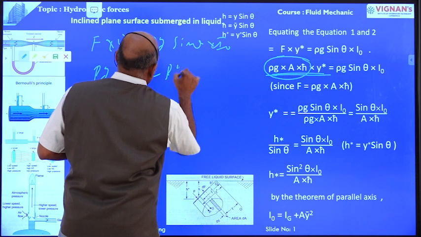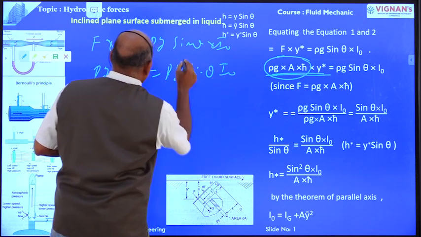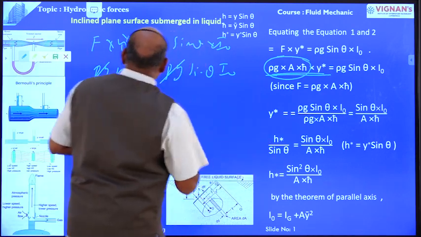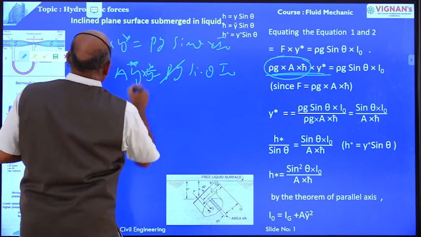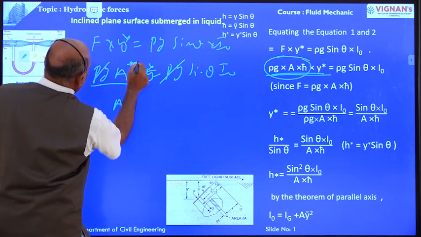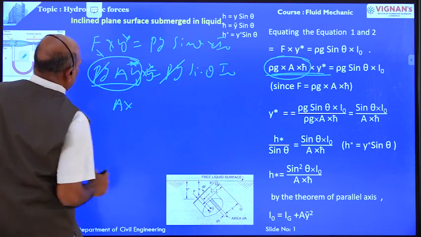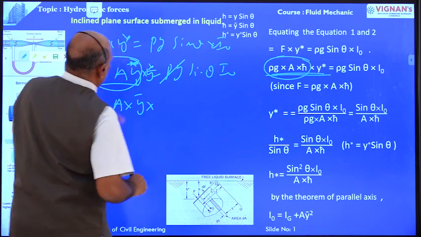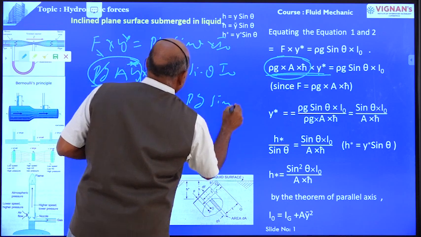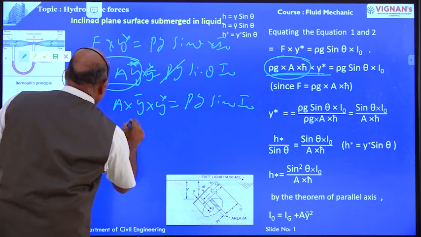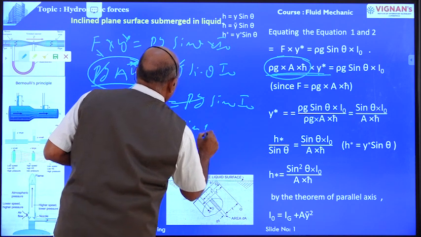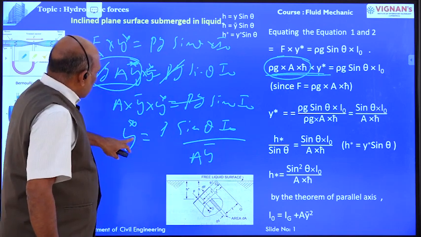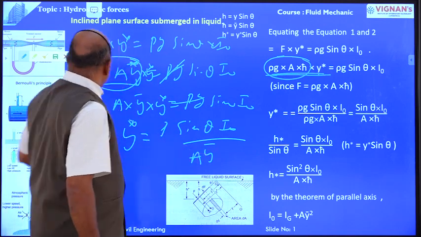So rho g a y bar into y star equals rho g sin theta I0. Therefore y star is equal to sin theta I0 divided by a y bar.